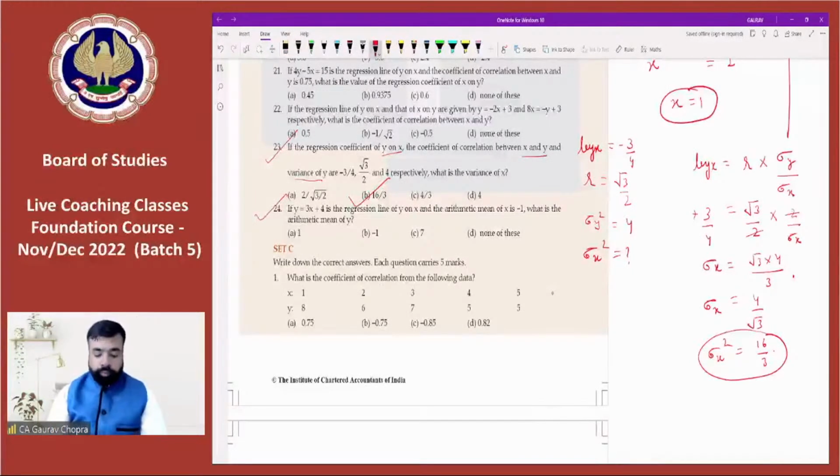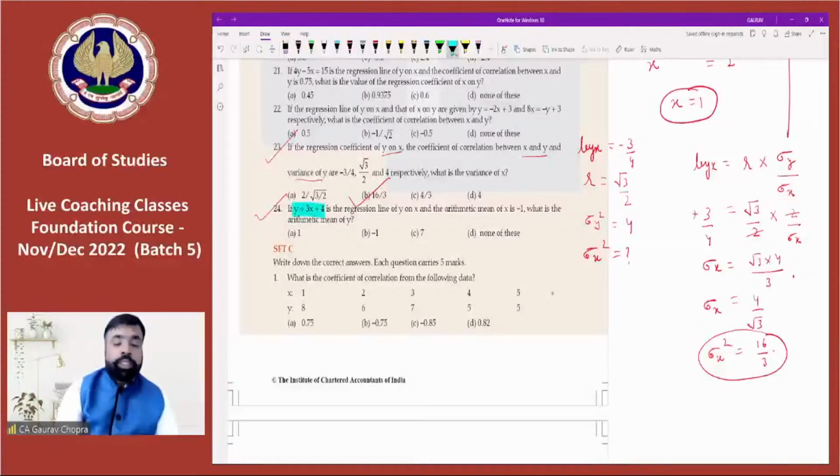Now 24. y equals 3x plus 4 is the regression line of y on x, and the arithmetic mean of x is minus 1.